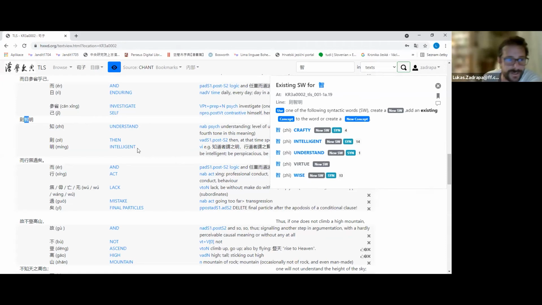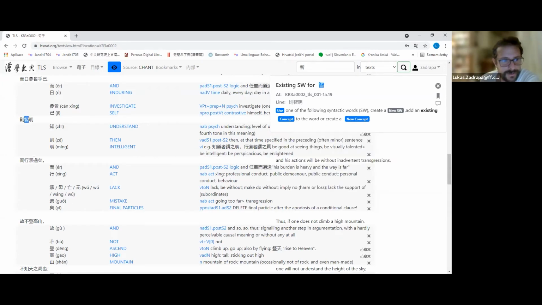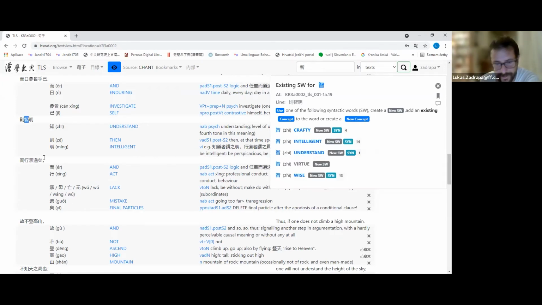This is one thing, and the other thing is that it is read again in the fourth tone, in this suffix, which means that we have this usual word formation. And it does not mean "understand" or "to be intelligent", but it means "intelligence".